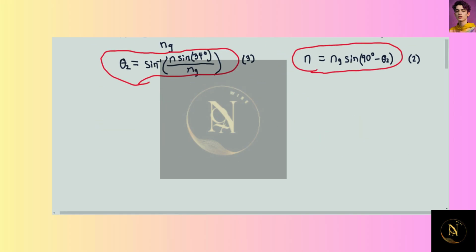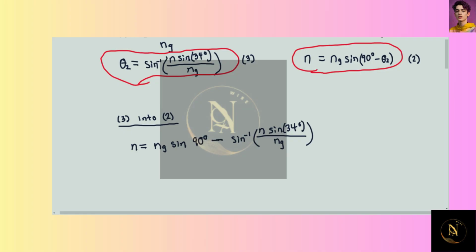All right. So now that we have this, let's put equation 3 into equation 2. And then altogether, we would have n equals Ng sine of 90 degrees minus arc sine of n sine 34 degrees over Ng. Putting this all together, this one's inside this sine.